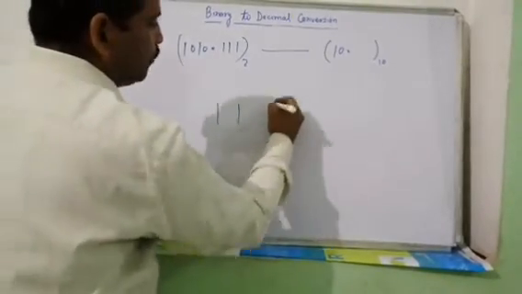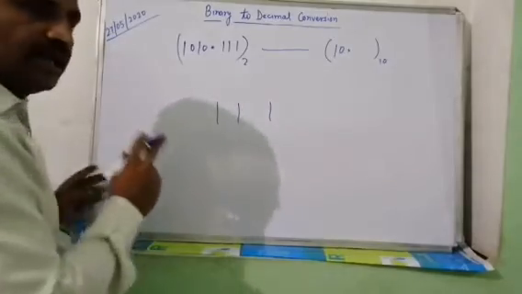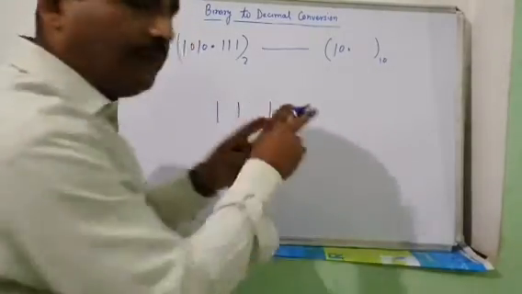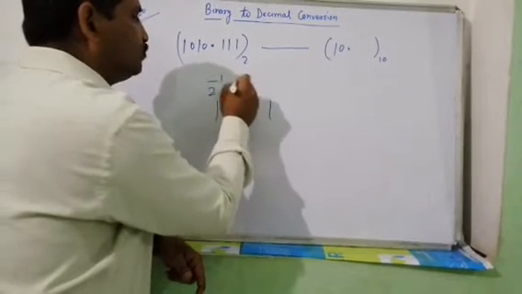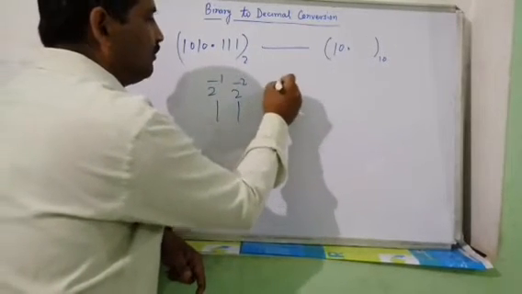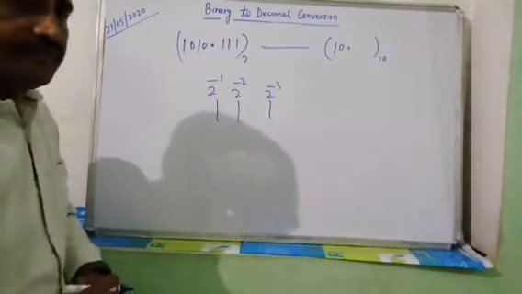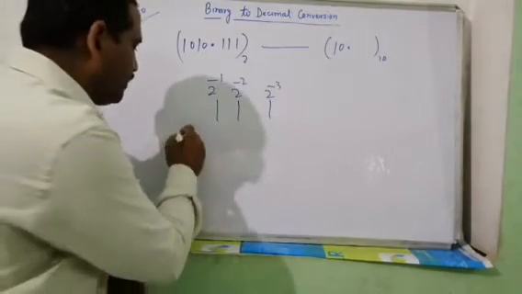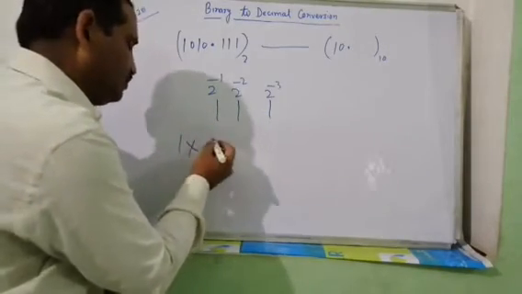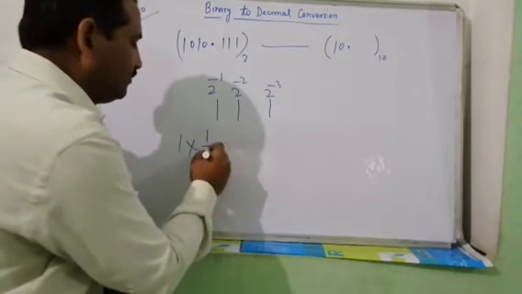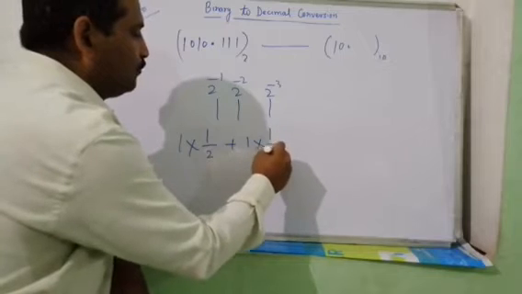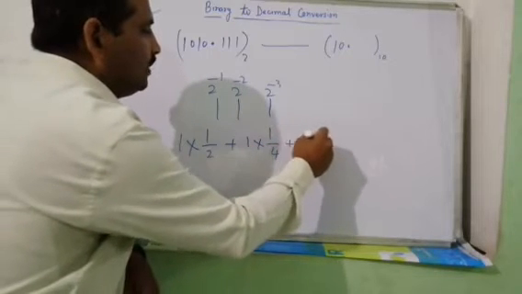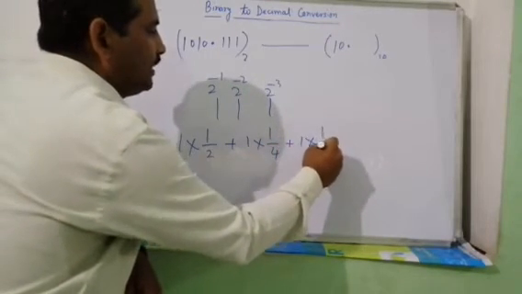This is 10. Now we have to convert the digits after the decimal point: 1, 1, 1. So for that, what I have told, we have to start from the MSB. This will be 2 to the power minus 1, 2 to the power minus 2, 2 to the power minus 3. Process is same. We can directly write 1 upon 2 plus 1 into 1 upon 4 plus 1 into 1 upon 8.